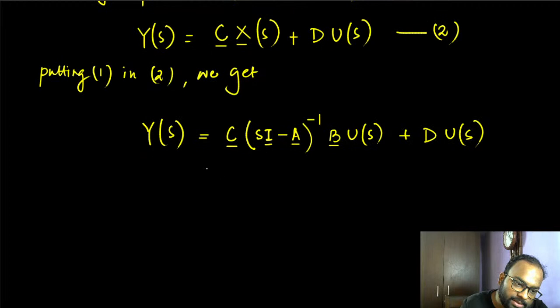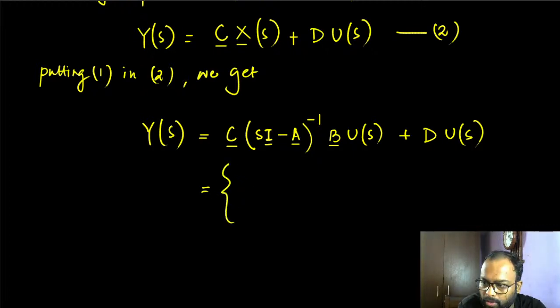Now from this, we can factor out U(s), and that becomes C.